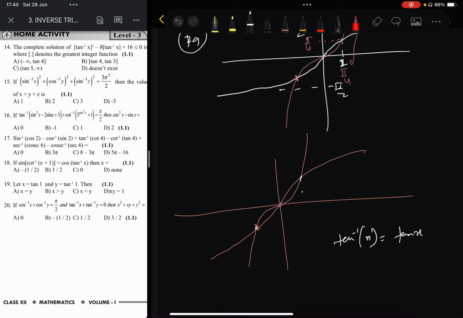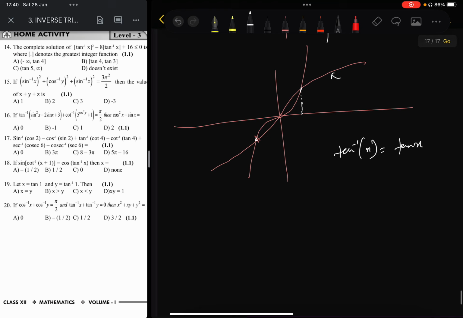Tan x is an increasing function and tan inverse x is also an increasing function, right? Using the graph, tan inverse x will become pi by 4 for x equals 1, and tan x will become 1 for x equals pi by 4. Pi by 4 is almost 0.7 or 0.75.